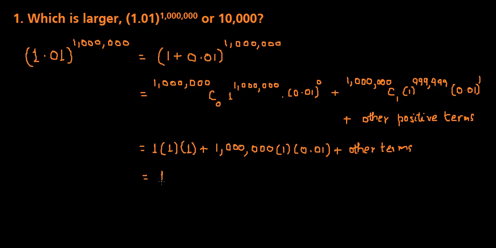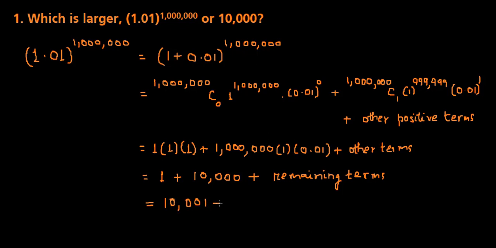Now we have 1 in the first term, then 1 million times 0.01 gives us 10,000, plus the remaining terms. So 10,000 plus 1 is 10,001 plus remaining terms. So this is the value of 1.01 raised to the power of 1 million.